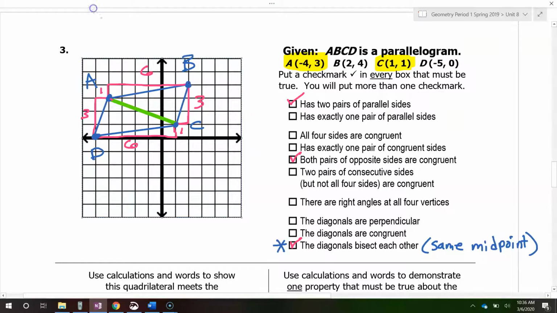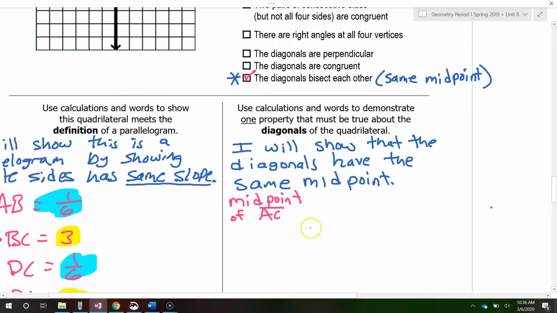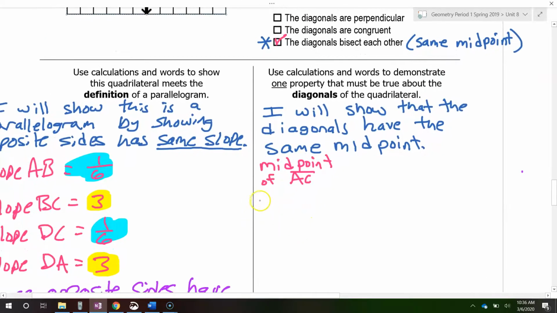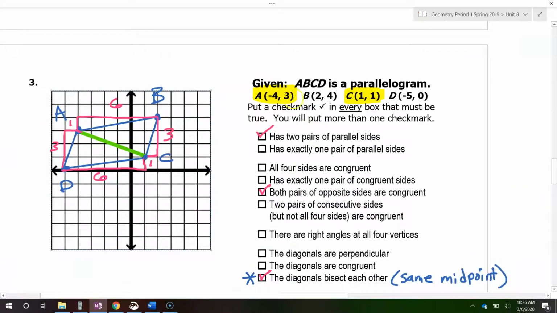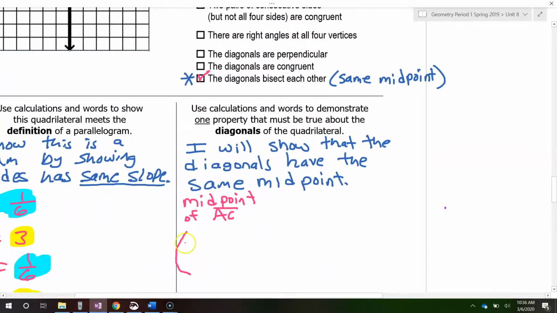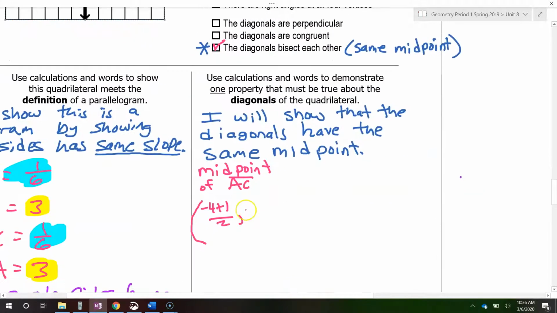So the way that you find the midpoint of AC, I'm going to find the midpoint of segment AC. It is the average of the x's and the average of the y's. So the x's are the -4 and the 1. So I will do -4 plus 1 divided by 2. That's the average of the x's. And now the y's, that's 3 and 1. So that is 3 plus 1 divided by 2.